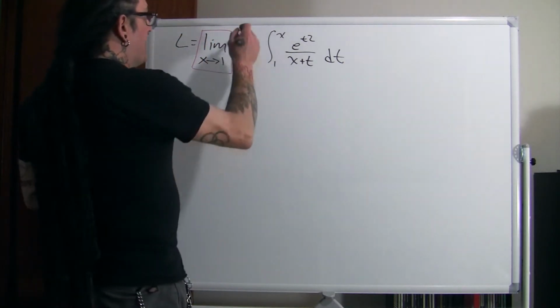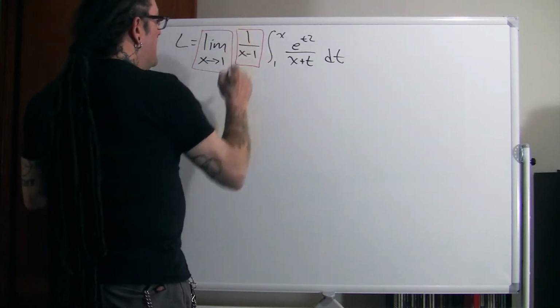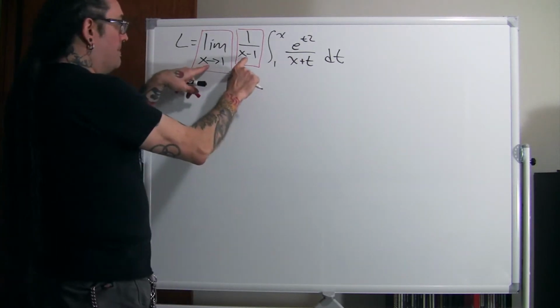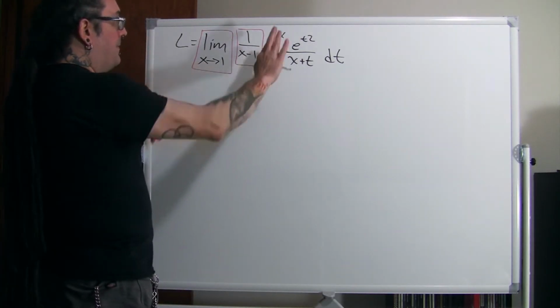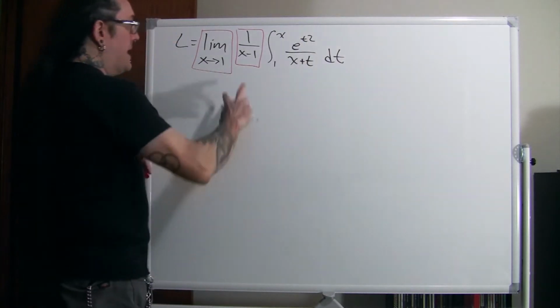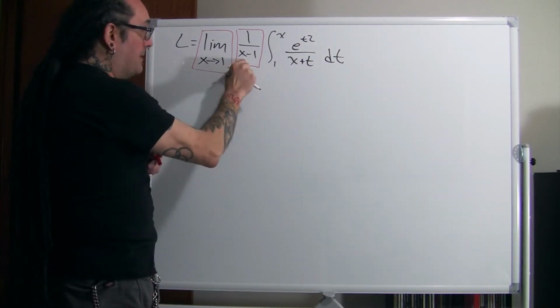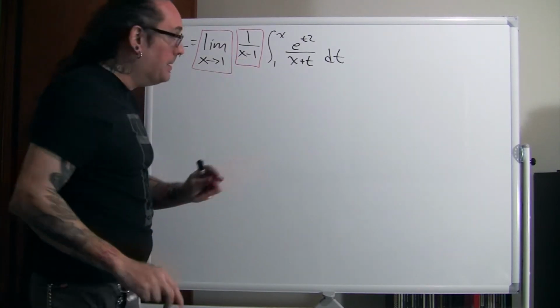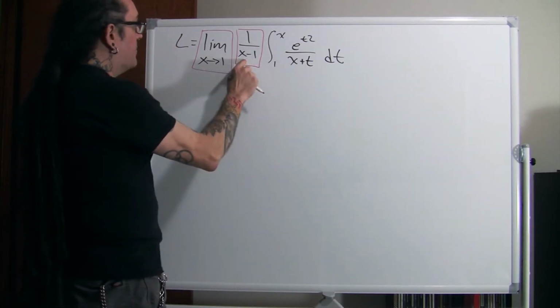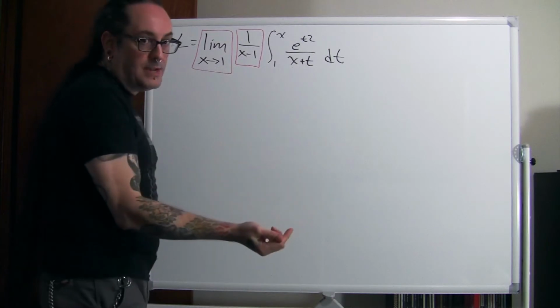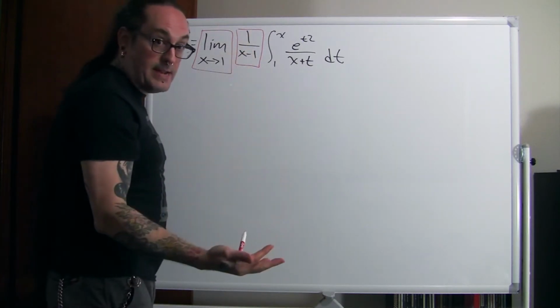The next part is we have this rational function here. And we see that there's a problem right away. If this integral was not here, the first thing I would do is put in 1 for x and see if we have a problem. And right away we do. We put 1 in here, we get 0 in the denominator, which makes the fraction undefined.